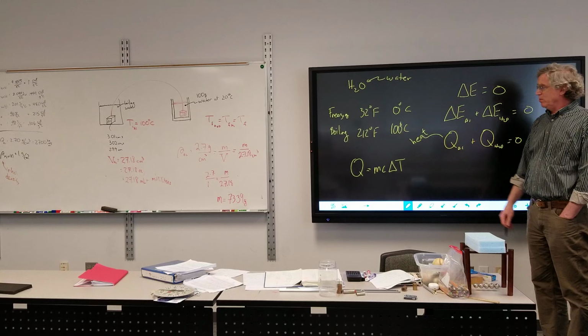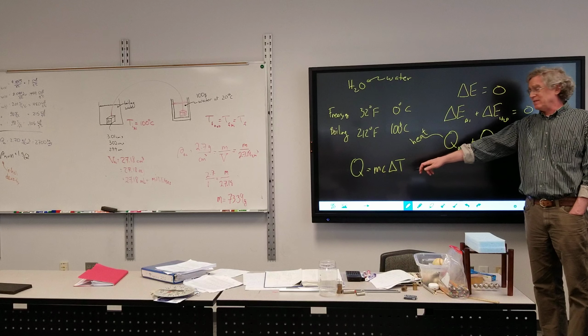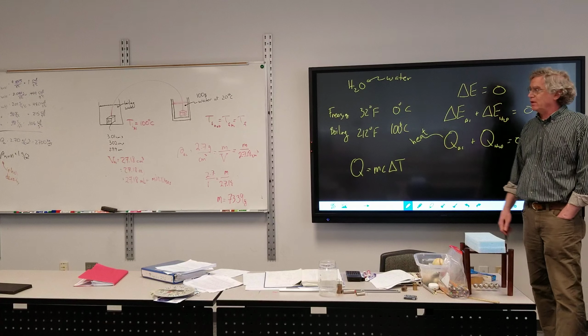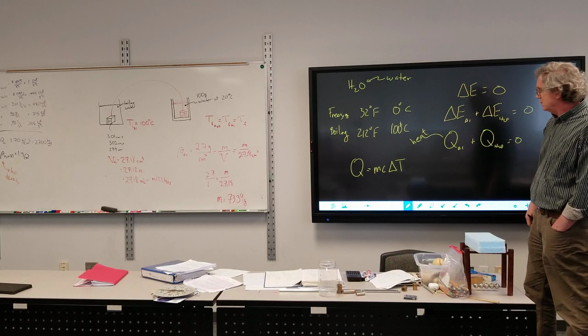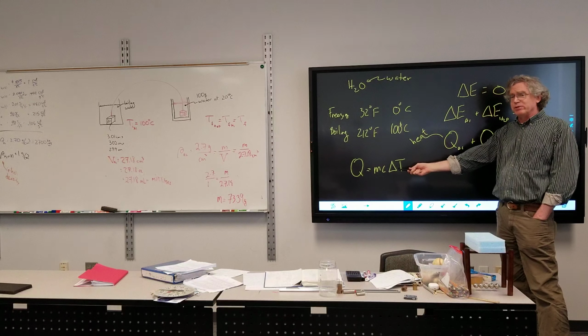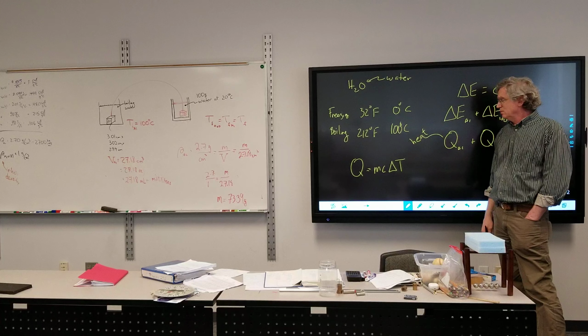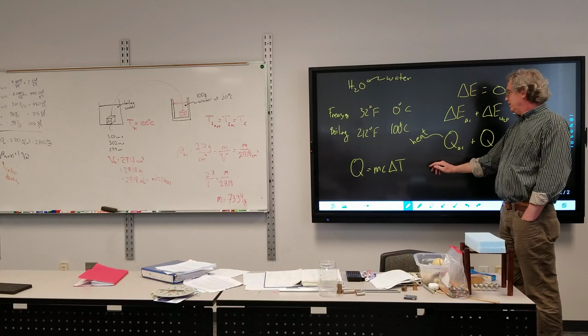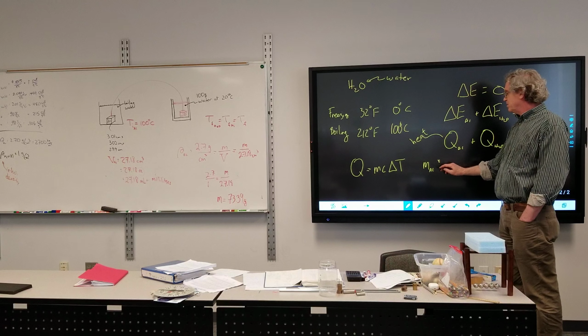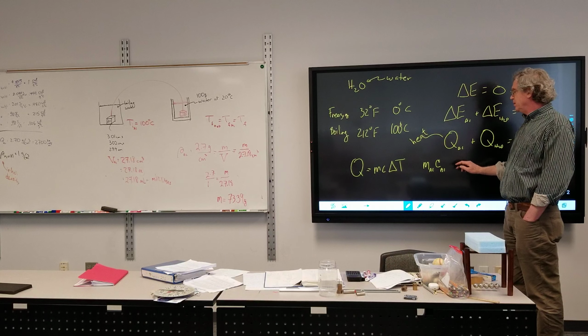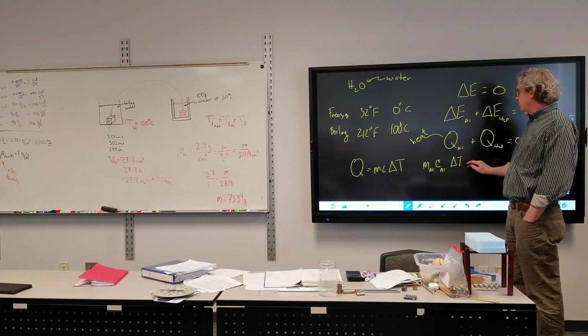I know the mass of the aluminum. I know this C, the specific heat of the aluminum. That's the stuff written in purple over there. Change in temperature, that's what I'm trying to find out. So I got the mass of the aluminum times the specific heat of the aluminum times the change in temperature of the aluminum.